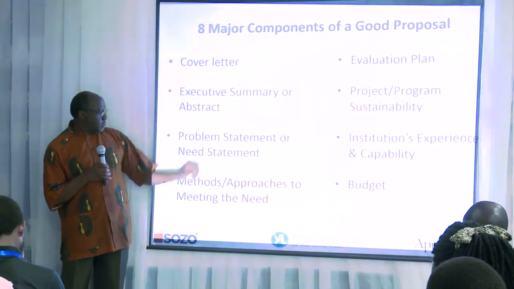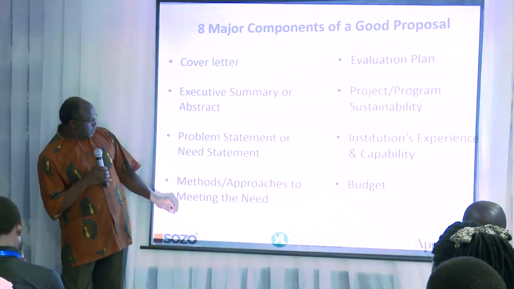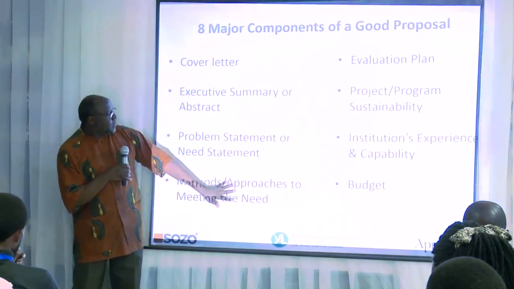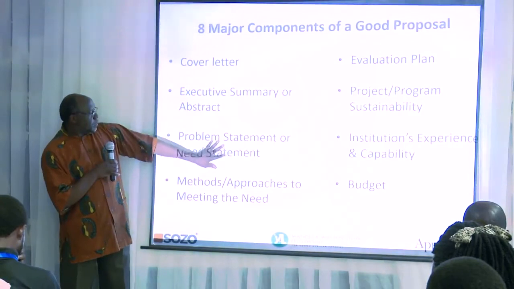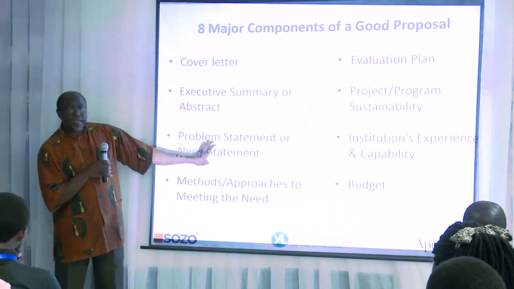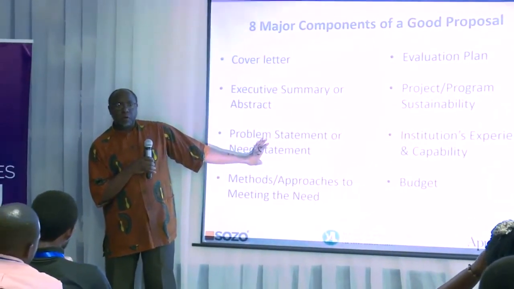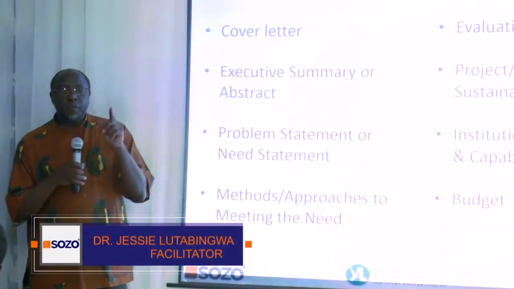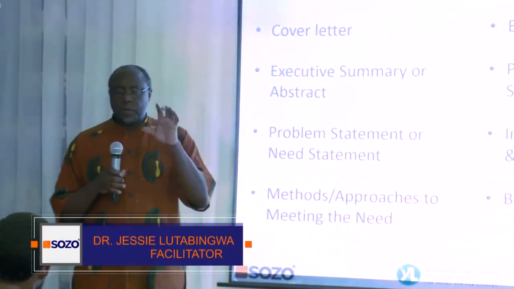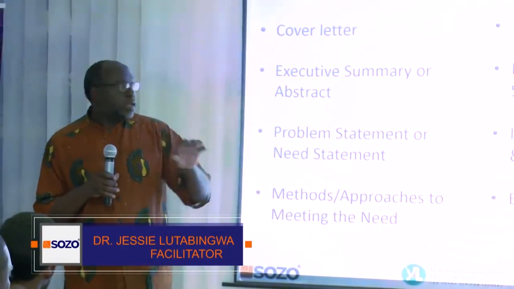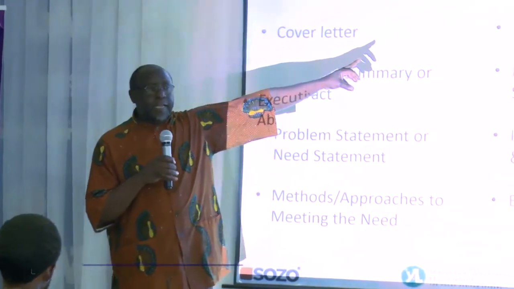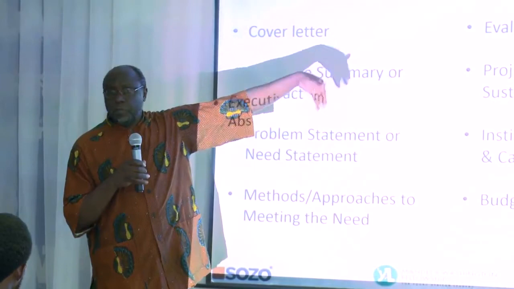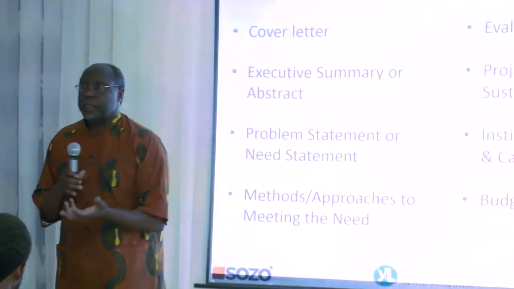In this section, between these two sections, there is what I call goals and objectives, and we'll look at that. But if you did well in articulating your objectives, then you are going to have an easier time doing the evaluation plan. And we'll talk about how that comes together.